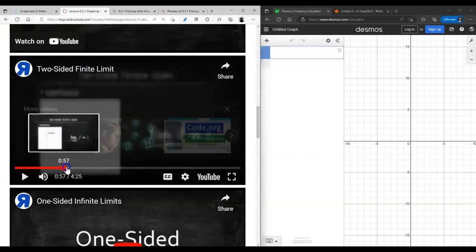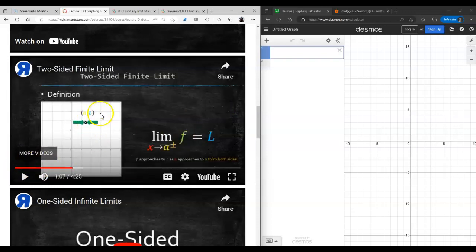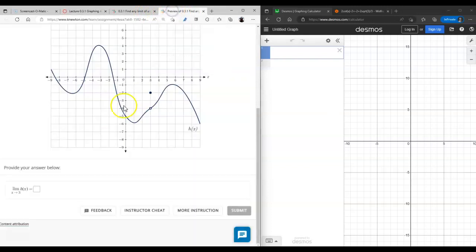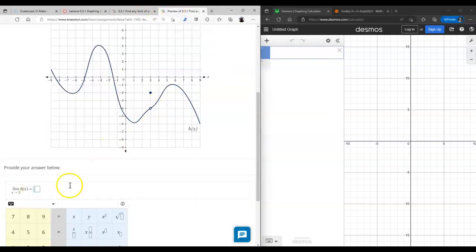So the visual representation of this two-sided limit is something like this. So the function itself doesn't have to exist at this point, but as long as both ends of the function exist on both sides of this point, we say the limit does exist, and it's equal to the output or supposed output of the function at that point if there was no discontinuity there. So the answer to this question is -4.